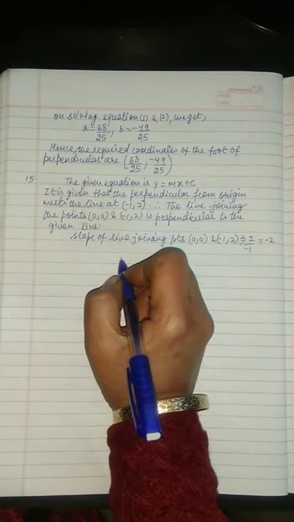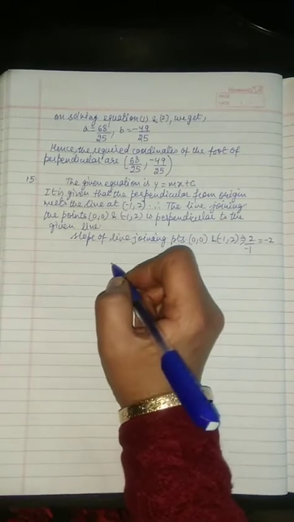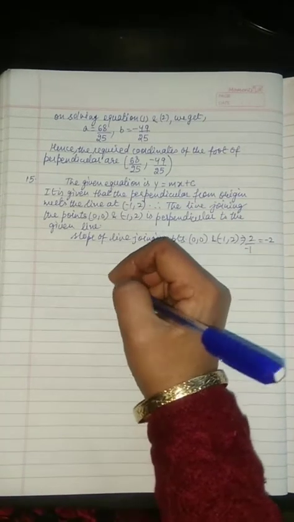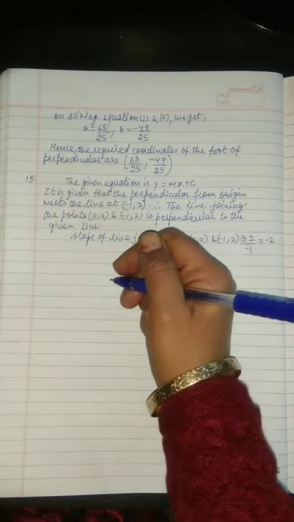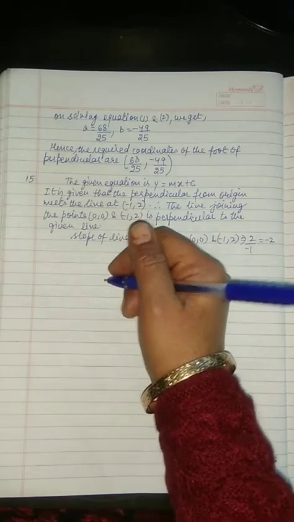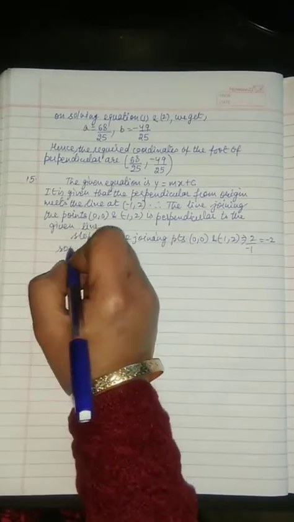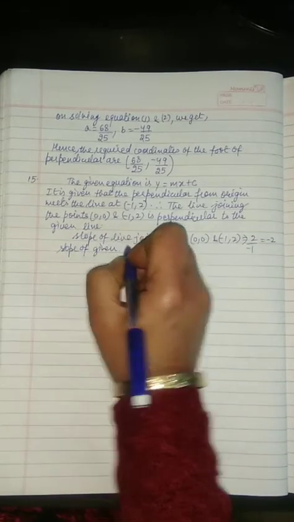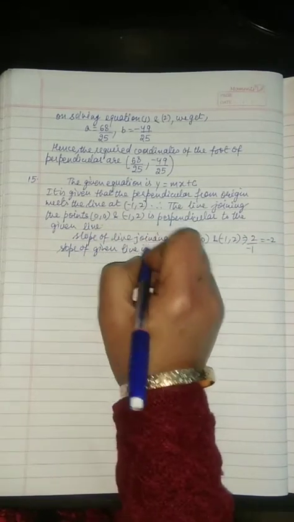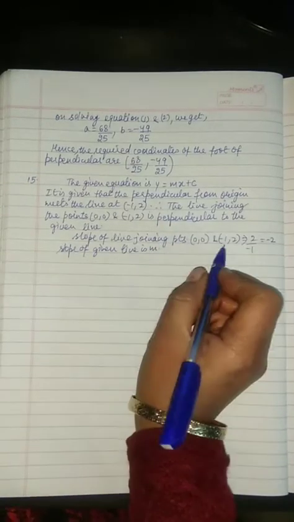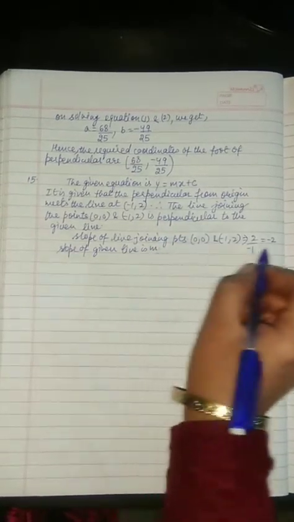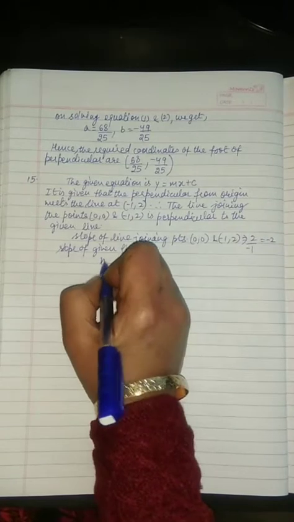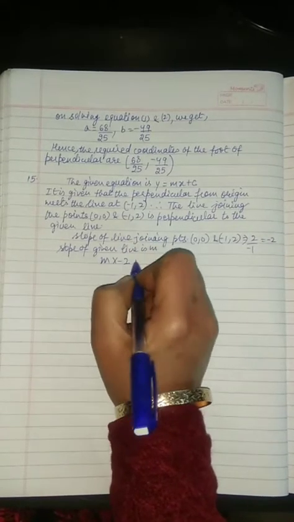Now the slope of the given line is m, because the equation of the line is y is equal to mx plus c, that is the slope-intercept form. So the slope of the given line is m.